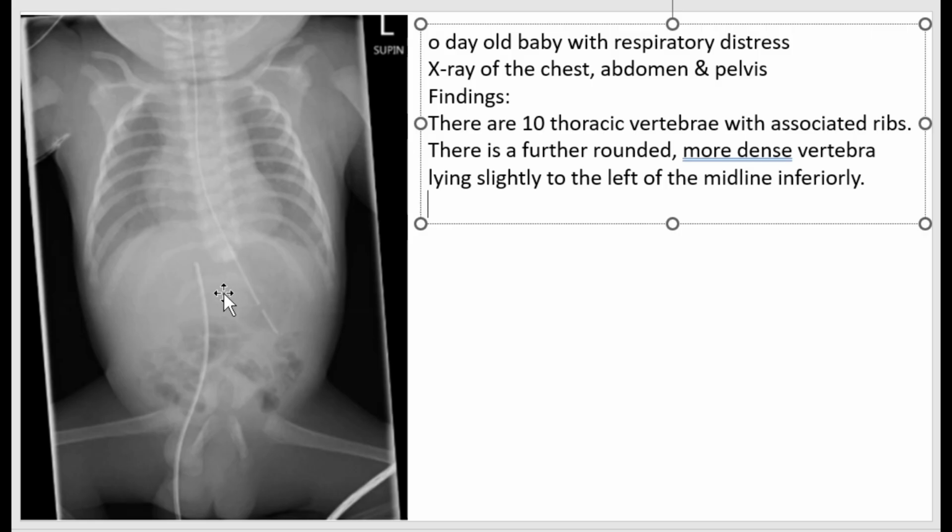Okay, so let's describe this. There is a further pair of ribs without vertebral body.